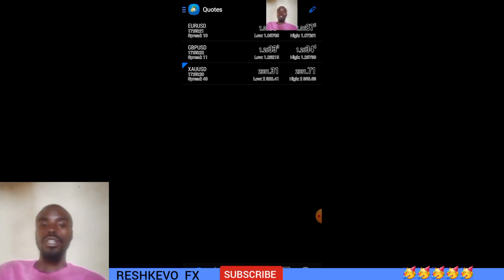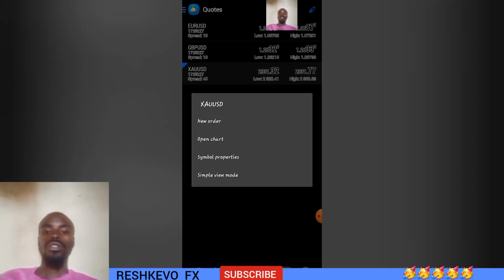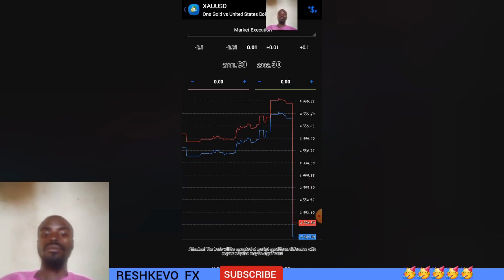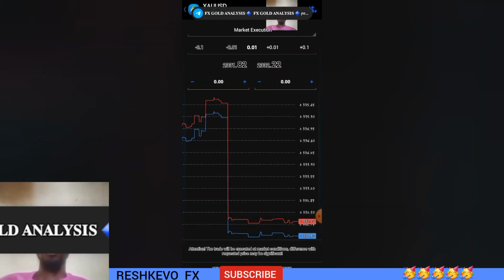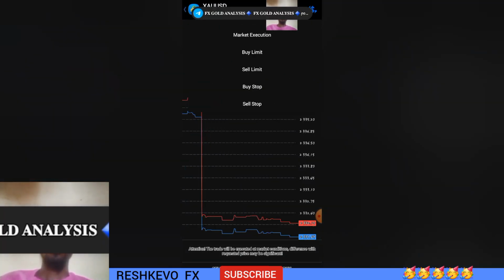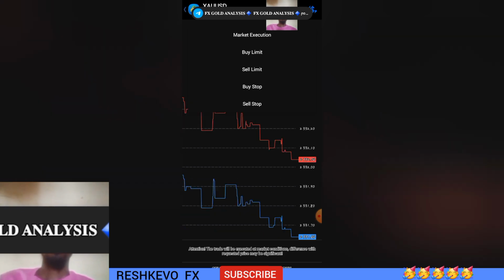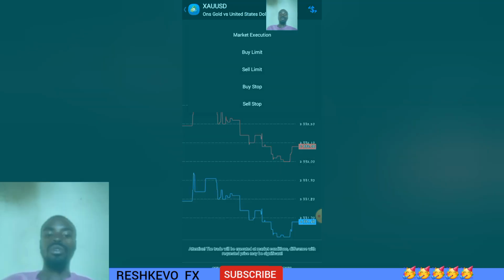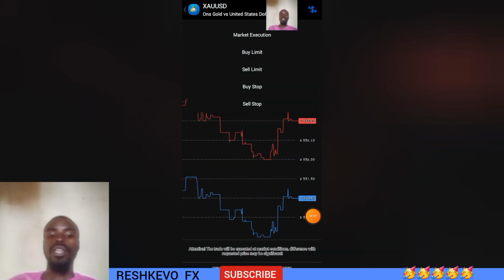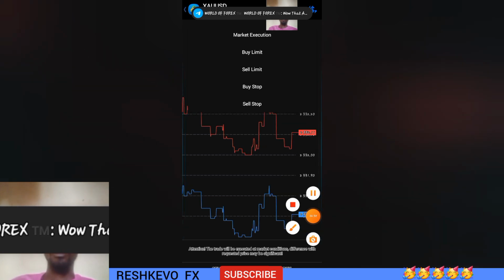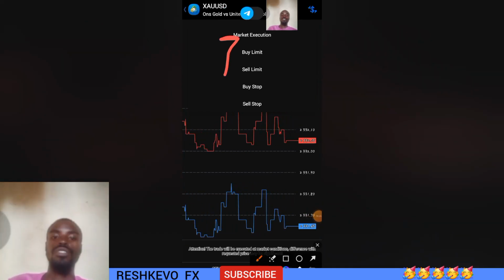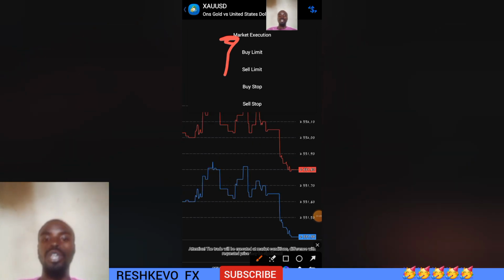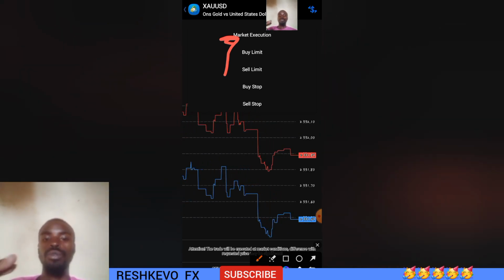So my traders now, I will go direct to my gold as a new order. That is now all about buy stop and sell stop. You long press at the market execution. Let me show you where you long press. Yes, you're supposed to long press at this point. This is market execution, you long press it and it will display.